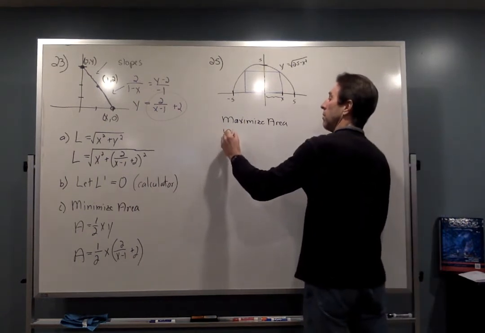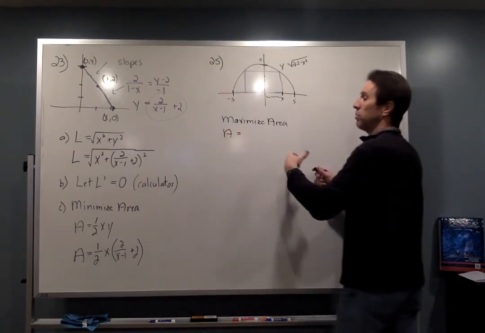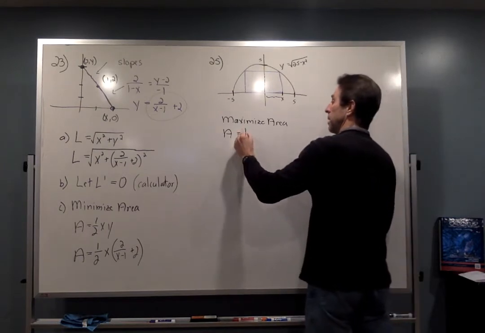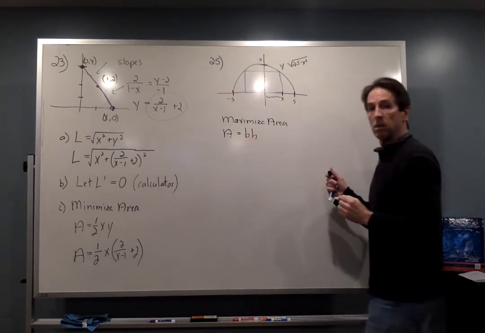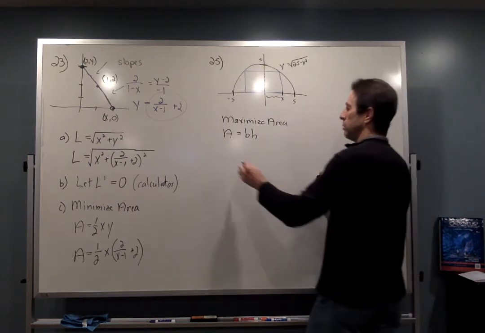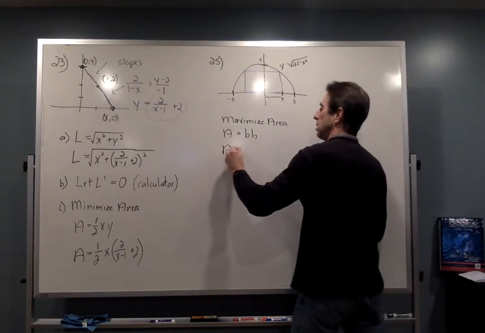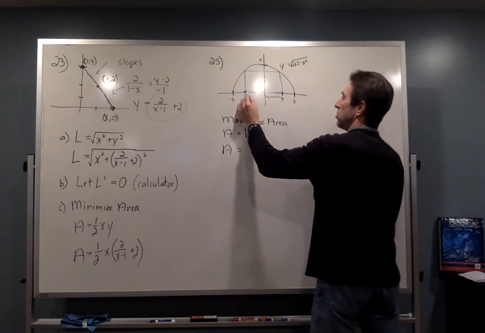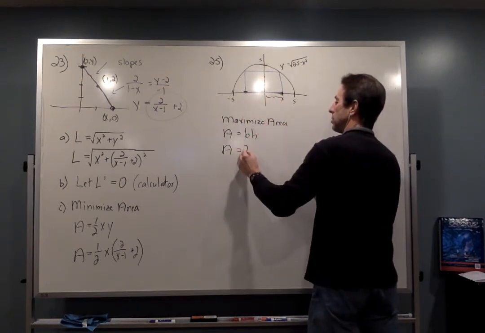We then write an area formula. Well, in general, the area of any rectangle is simply just base times height. Now we have to turn it into a formula that only has one independent variable. We can see that the base of this rectangle from here to here would end up being 2x.